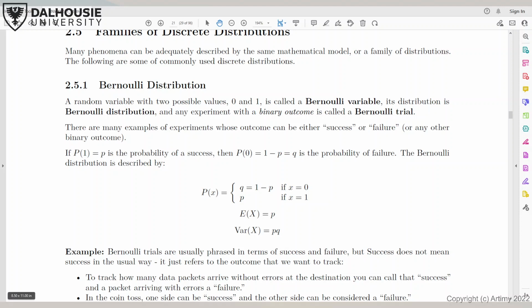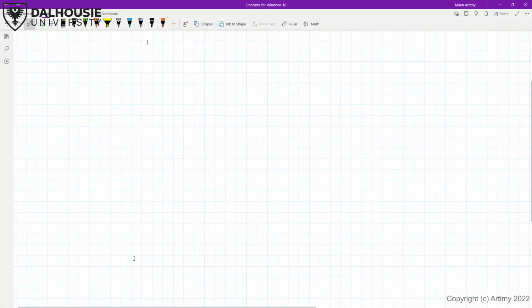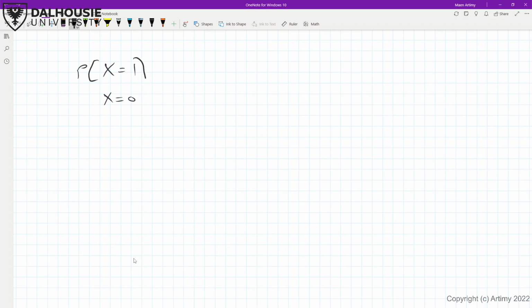So, in other words, if I have two outcomes, x equal 1 and x equal 0, the probability of x equal 1 is p, which means that the probability of x equals 0 is 1 minus p, or sometimes I refer to it as q, right? So p will be the parameter for this distribution.